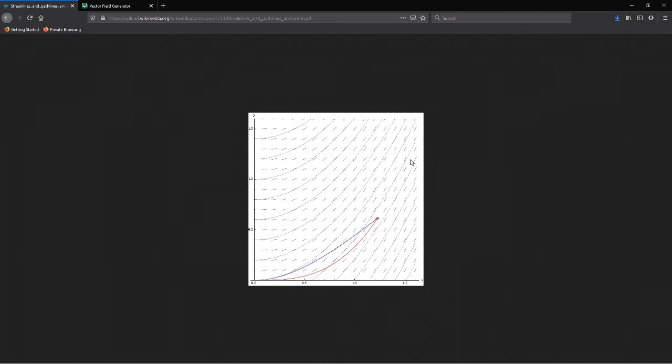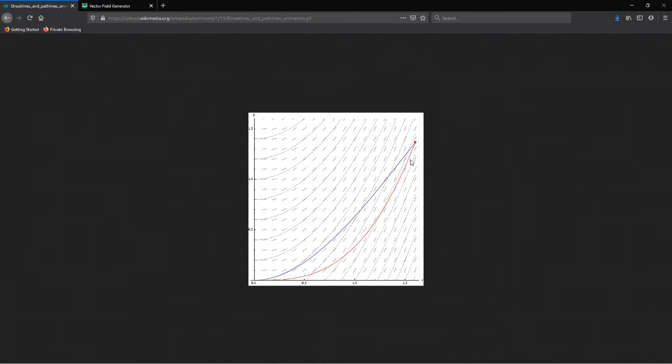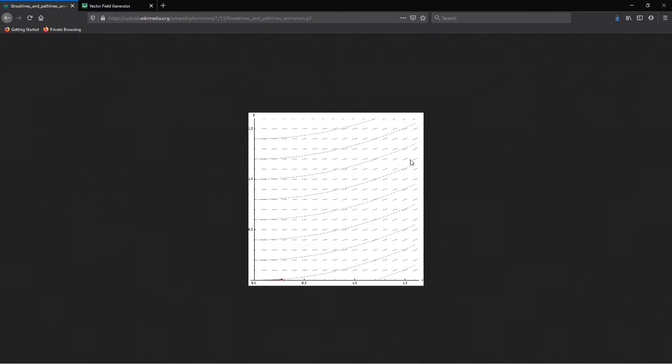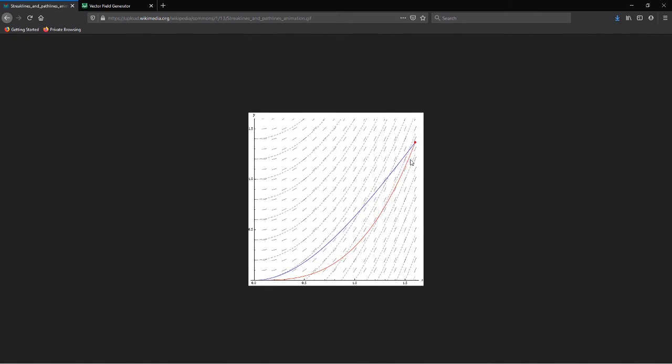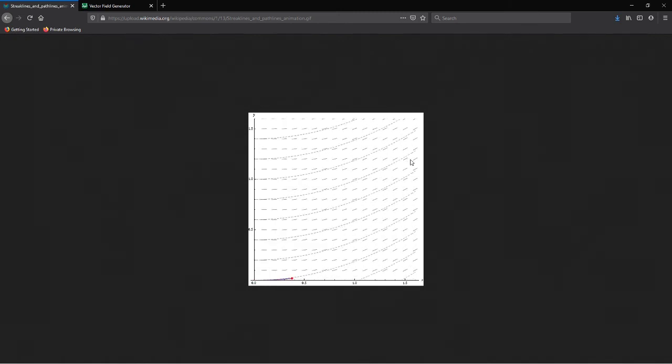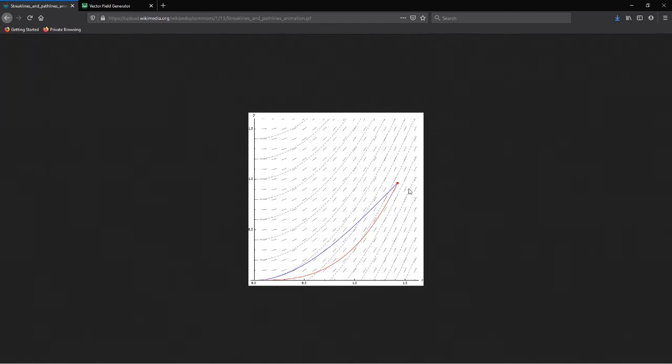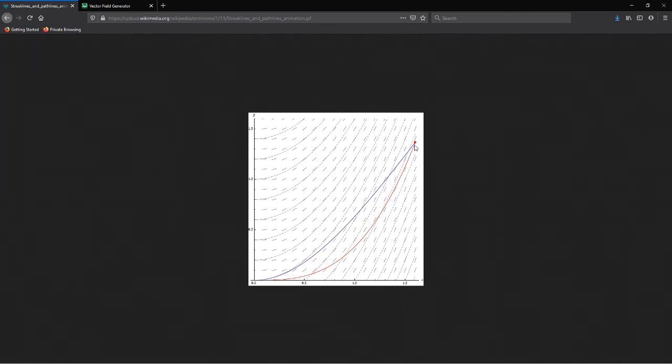A good way of thinking of this is a flow field, so a fluid flow field, but it could also represent an electromagnetic field as well. So this red curve is the path line of an individual, massive fluid particle.